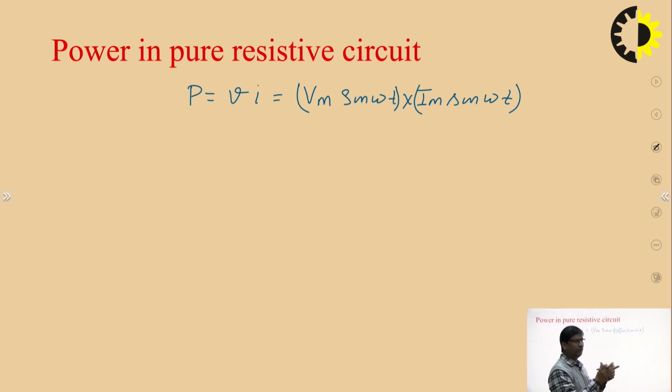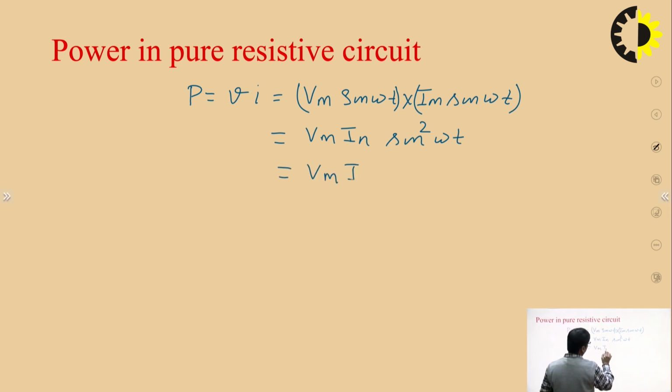So we multiply the instantaneous values of voltage and current. We get Vm Im sin square omega t, which is equal to Vm Im times (1 minus cos 2 omega t) upon 2.